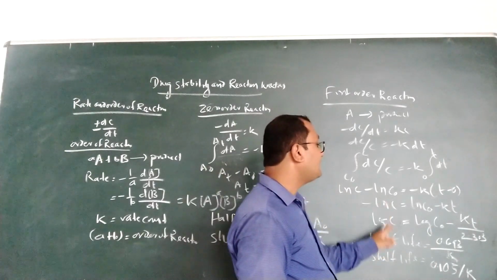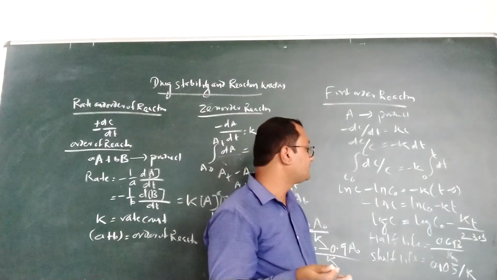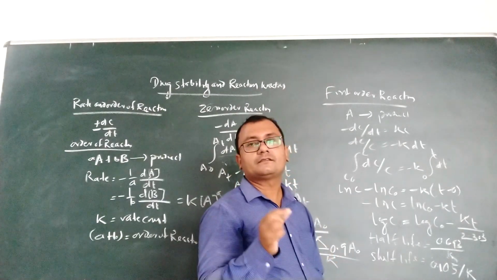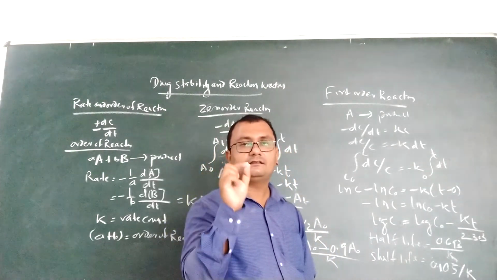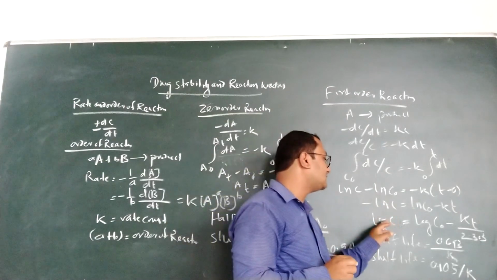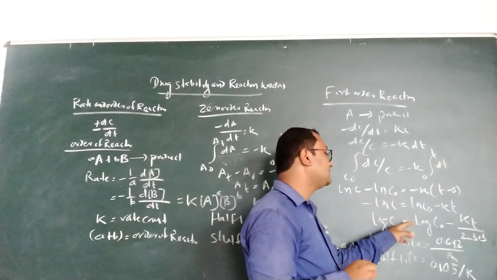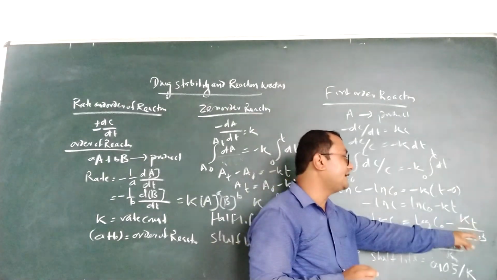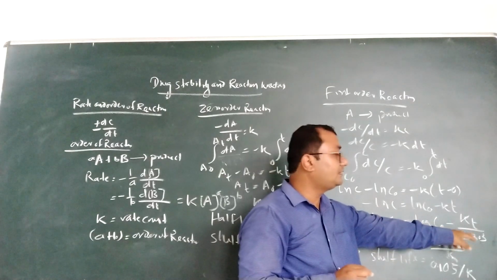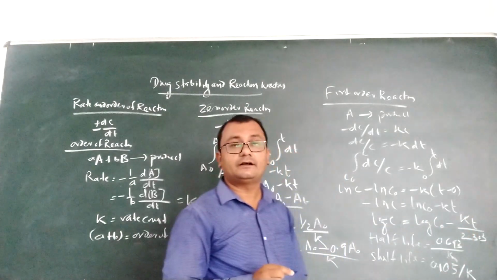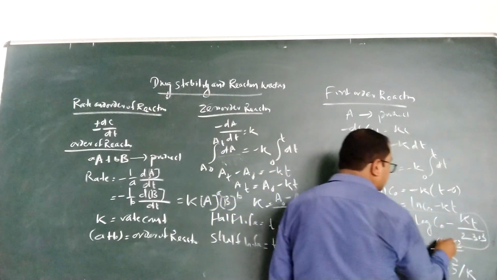If we convert this ln value to log, a factor is included, that is 2.303. After changing to log form, we get log C is equal to log C0 minus Kt divided by 2.303. You can see the only change is 2.303. So this is the final equation for the first order reaction.